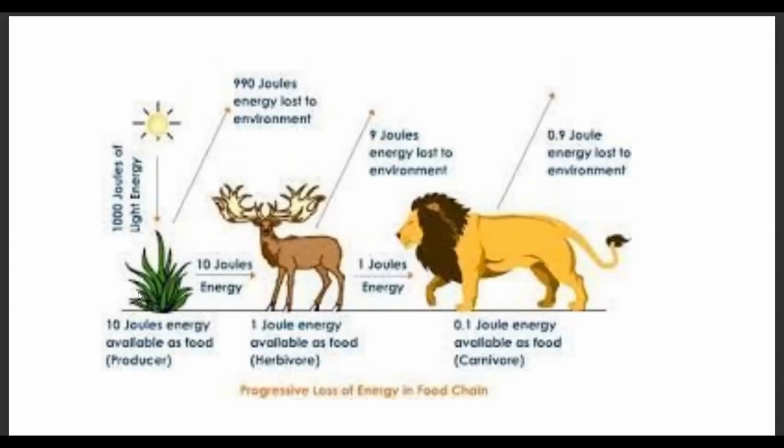According to this figure, it can convert 10% of the light energy into 10 joules of chemical energy, and 990 joules of energy is lost to the environment. When this herbivore goes and feeds on this green plant, what happens? Now this green plant has 10 joules.